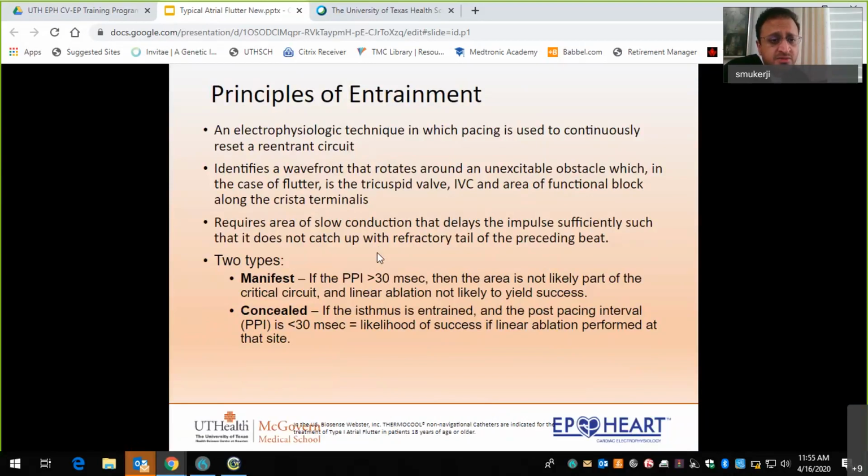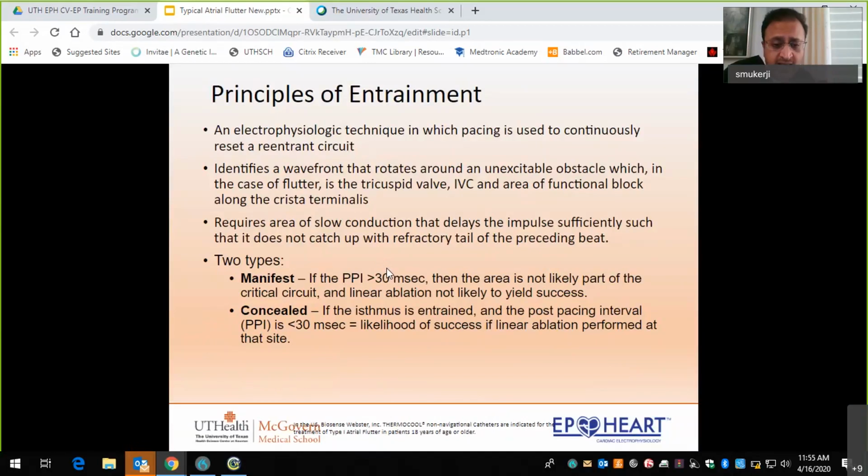It's a technique we use in the lab where we try to capture or reset the tachycardia. And it's one of the most common maneuvers we use in the EP lab. By doing this maneuver, we're identifying the mechanism of the tachycardia, and we're also identifying the location of the tachycardia.